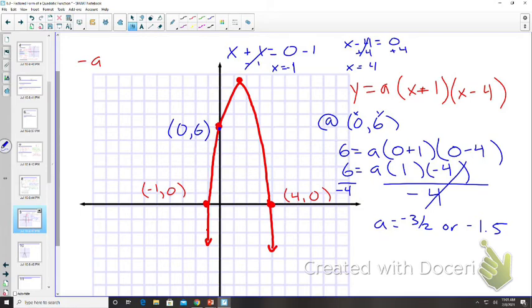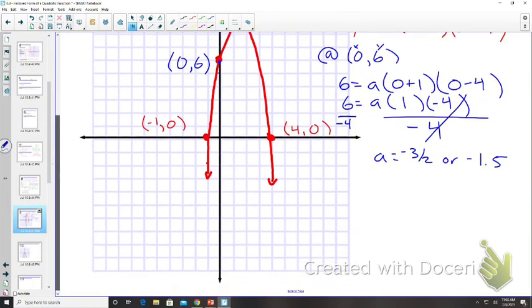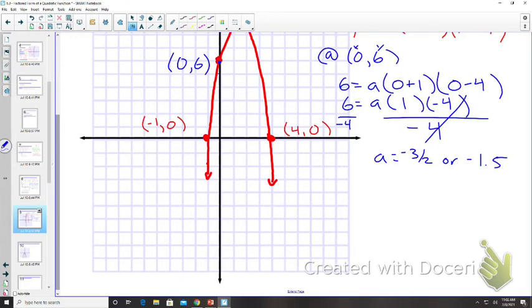Decimals? Yeah, definitely. Decimals? Okay. So that gives us an a of -1.5. Okay, so now we can just rewrite our formula. So y is equal to -1.5, x plus 1, x minus 4. And that's it.